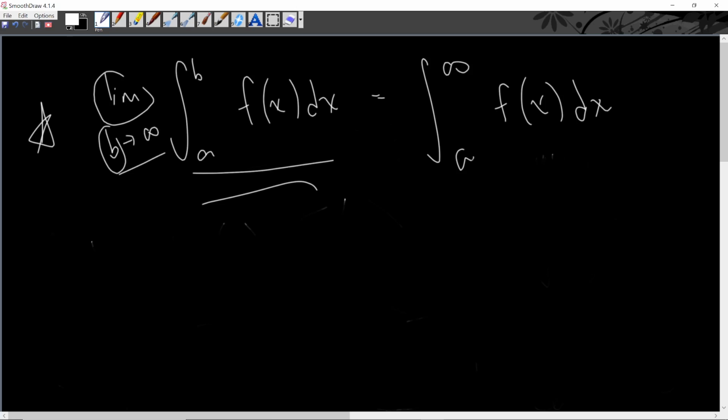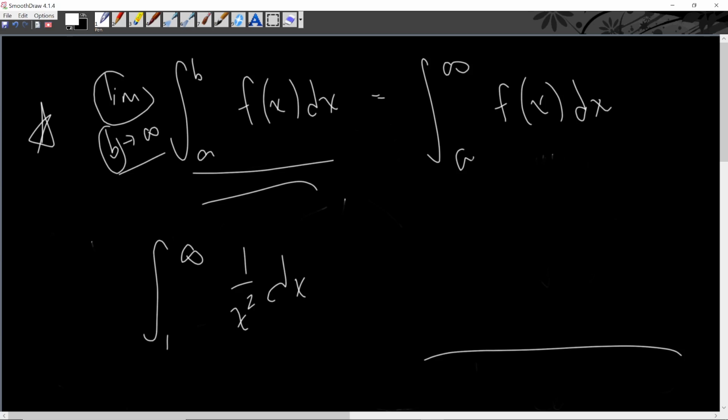We have the integral from 1 to infinity of 1 over x squared. Alright. It's going to be the integral from 1 to infinity of 1 over x squared dx.